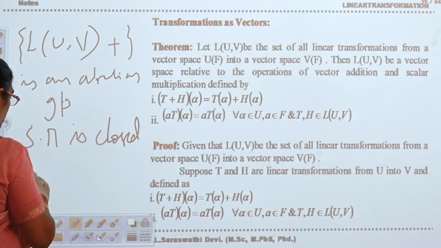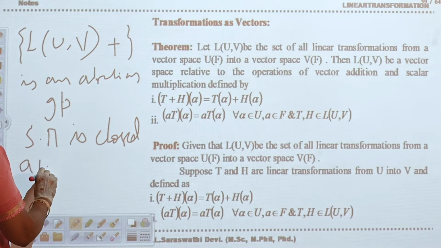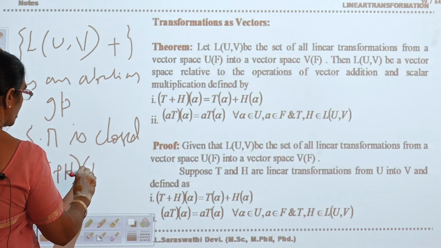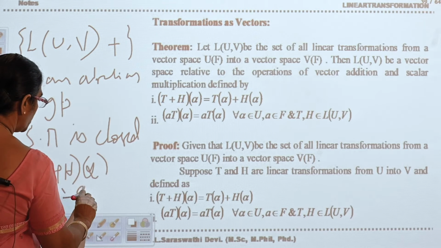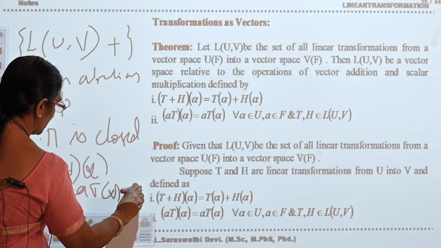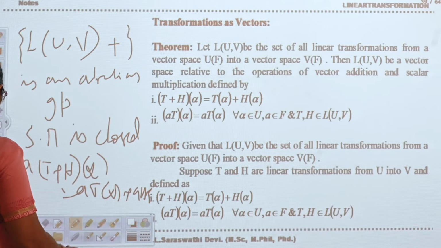Next, you have to show that A into T plus H of alpha is equal to A into T of alpha plus A into H of alpha. Like this, the other distributive and associativity properties you have to prove.